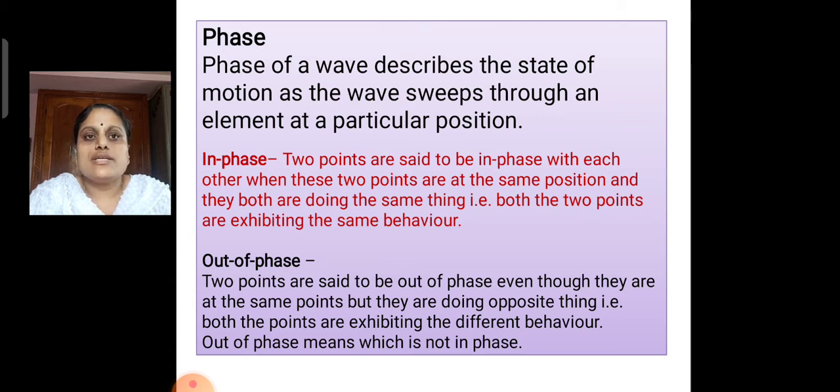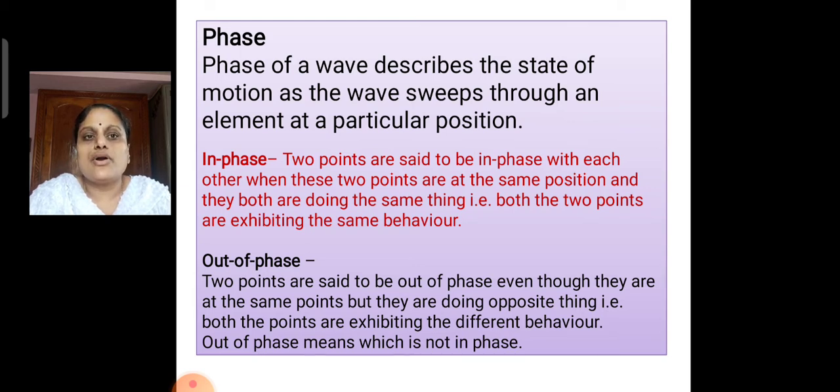Now let us see what is meant by phase. Phase describes the state of motion as the wave sweeps through an element at a particular position. Two points are said to be in phase with each other when they are at the same position and they both are doing the same thing.